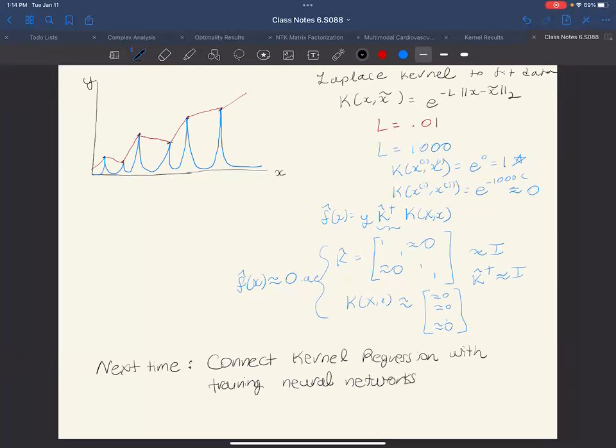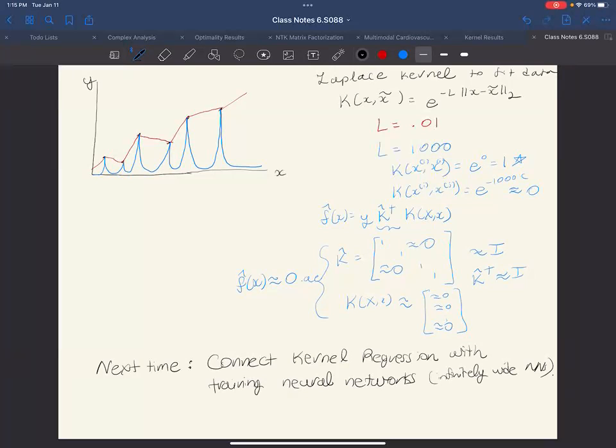In particular, we're going to consider neural networks that are super, super wide, so infinitely wide neural nets.